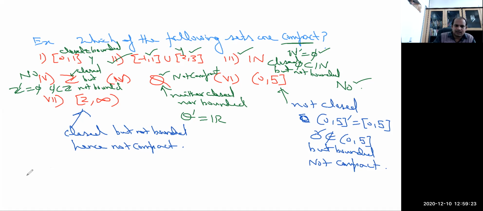So one can see that the set of natural numbers and the set of integers are examples of closed sets which are not compact.